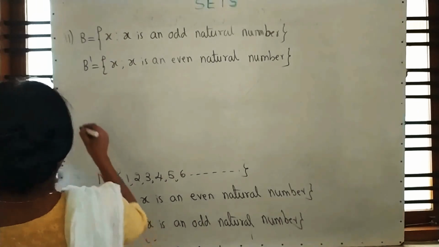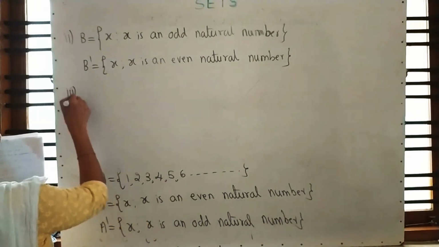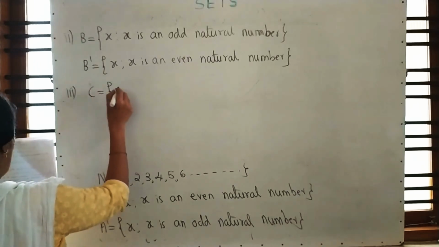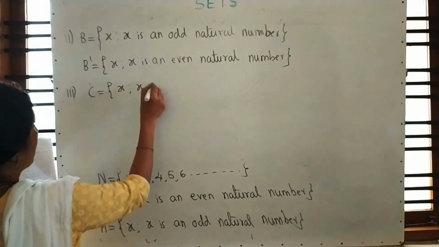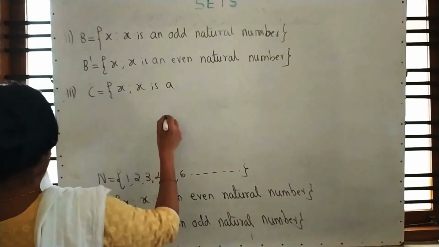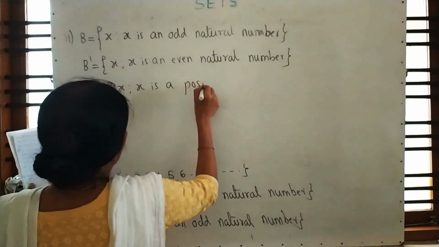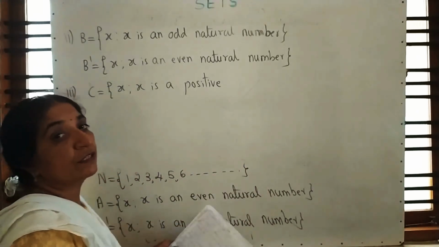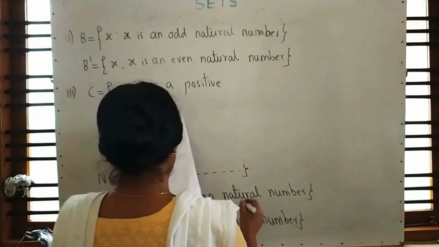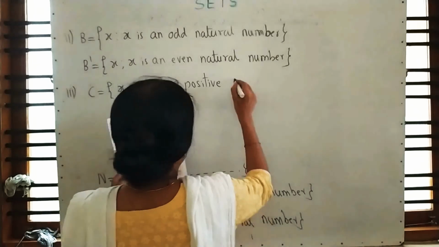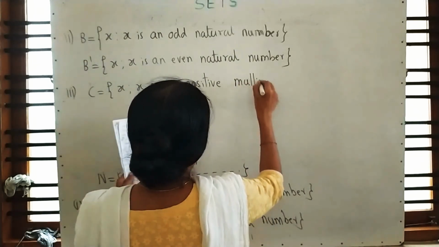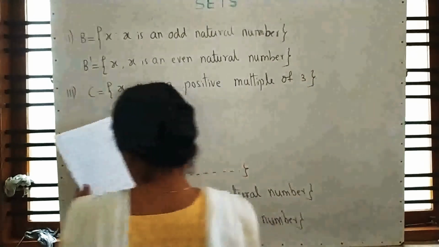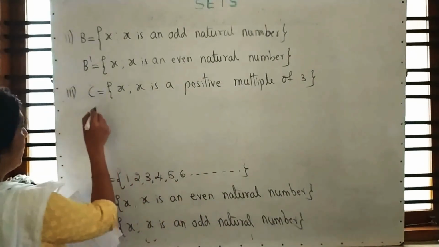Next, question number 3, third one. See, x such that x is a positive multiple of 3. Of course, positive, because there are negative multiples also, but the universal set is the set of natural numbers. Can you tell me what is its complement?